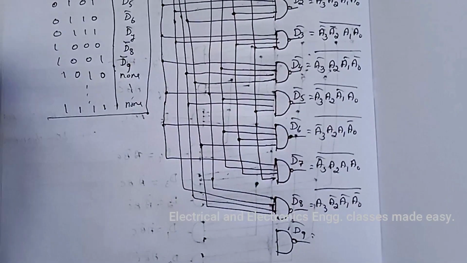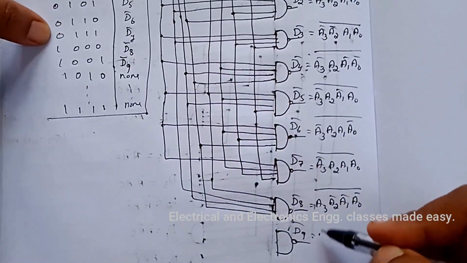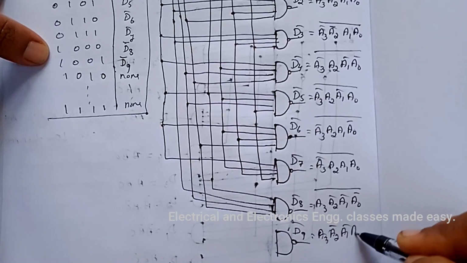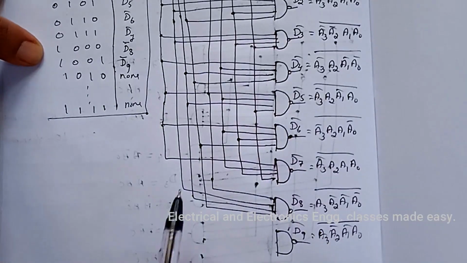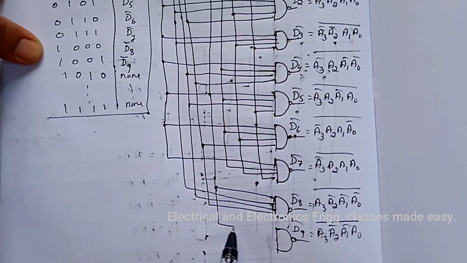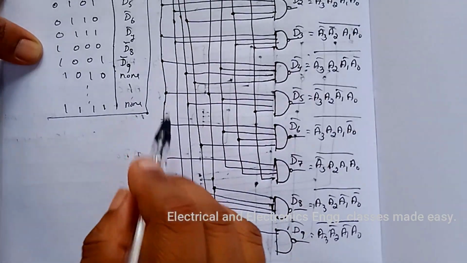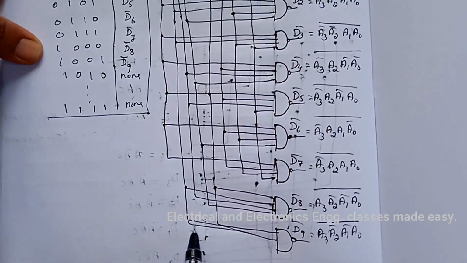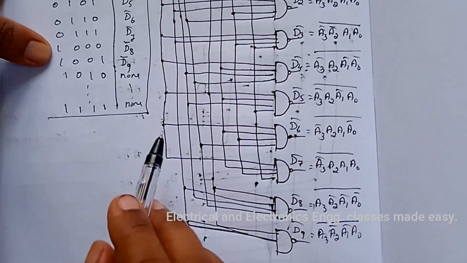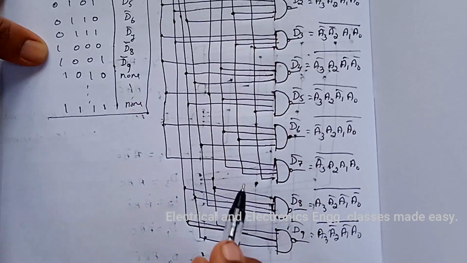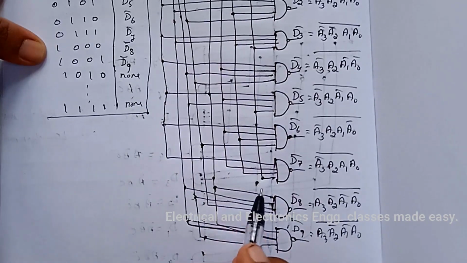D9 bar is A3, A2 bar, A1 bar, A0 the whole bar. So A3 is this one, A2 bar, then A1 bar, A0. A0 is this one.